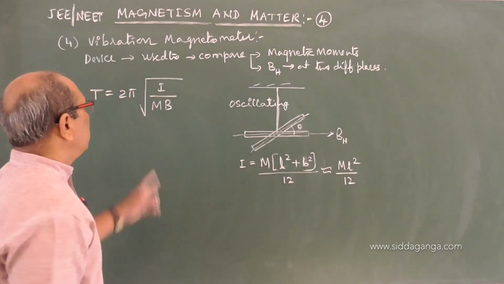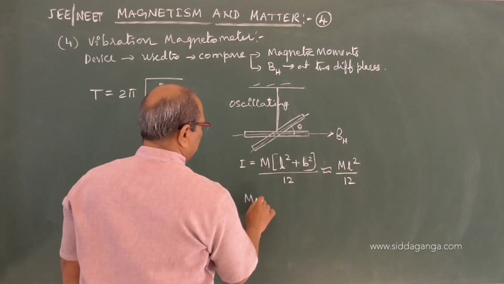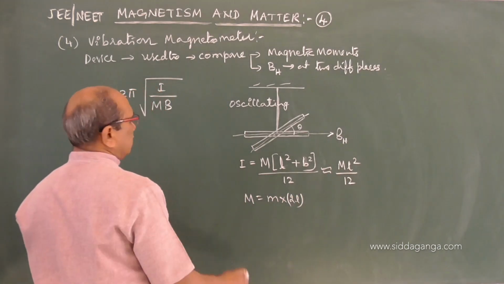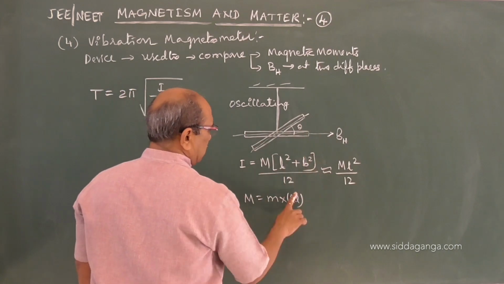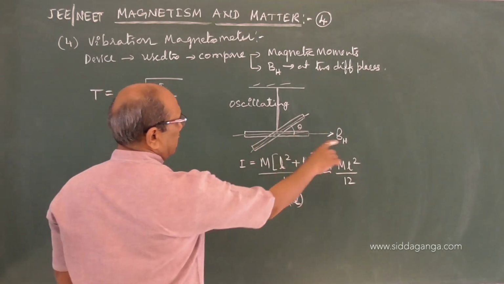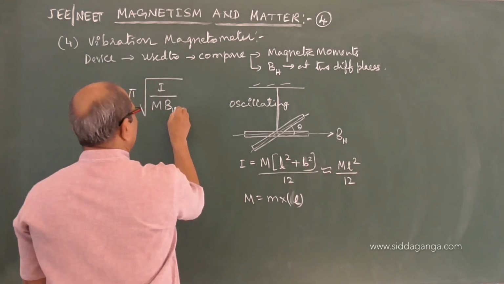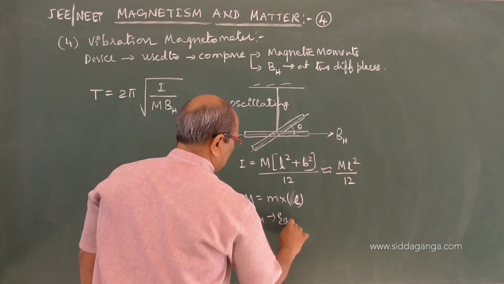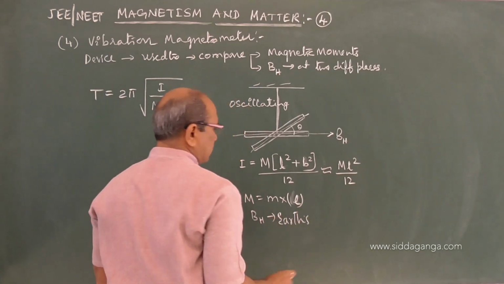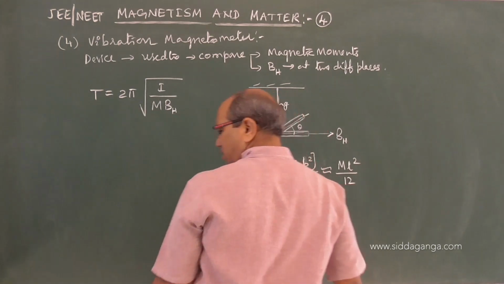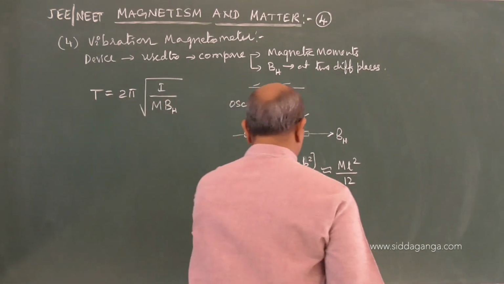Moment of inertia, and magnetic moment of the bar magnet is m into 2l, the axial length of the magnet. Here I use L as the magnetic length, and B is BH, the horizontal component of the earth's magnetic field.